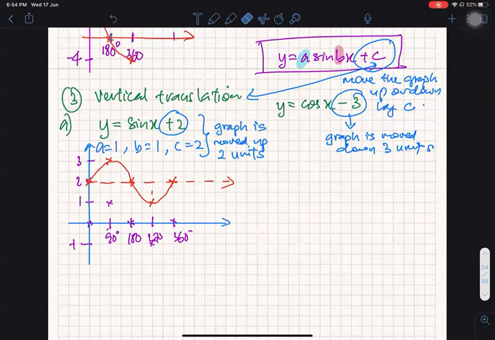Now, unless you can prove to me that you are very good with moving the graph, you're not allowed to straight away draw this up here. Because later you have combined transformation, that means you will have two oscillations.